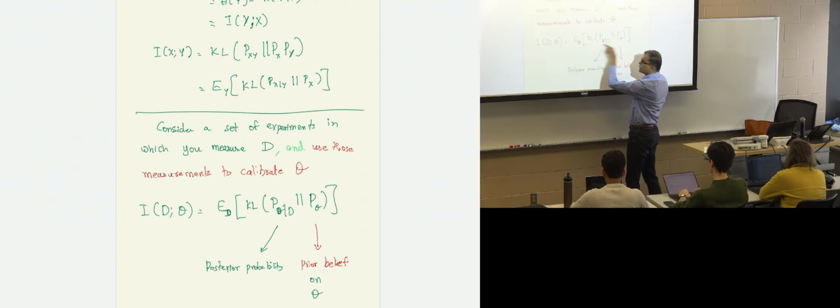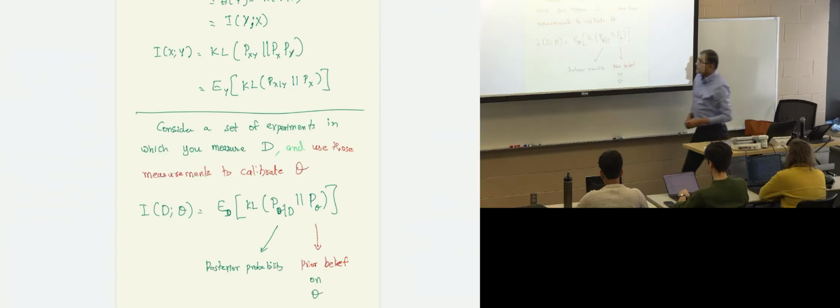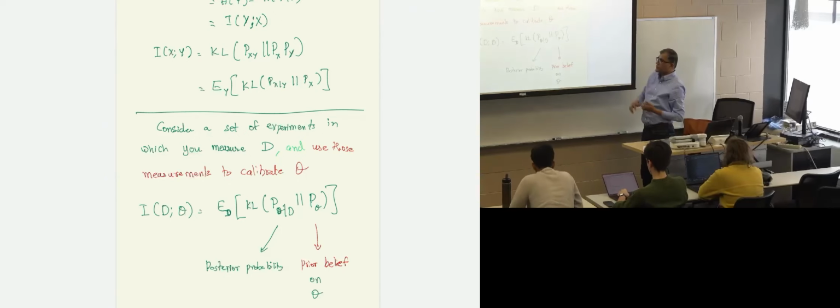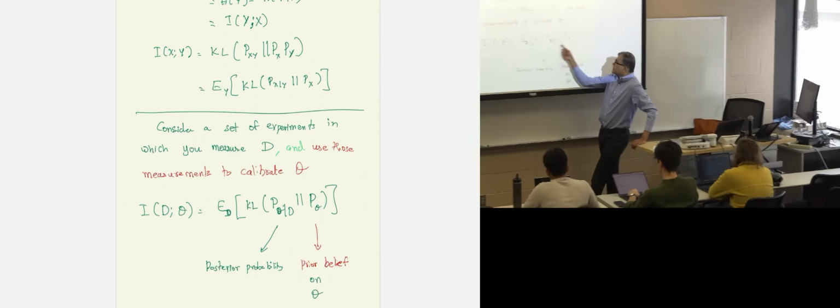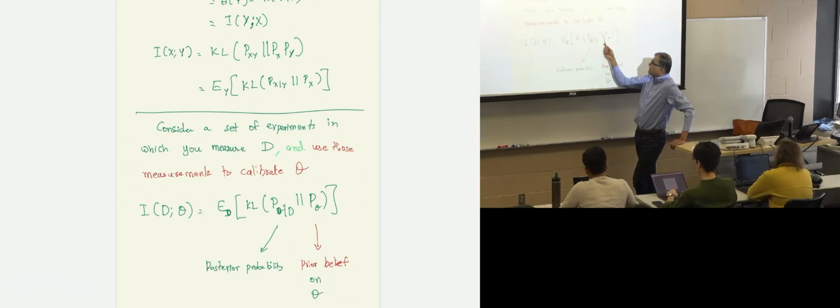And then if you average over all possible measurements, this is the average amount of information you gain. So mutual information is also called the expected information gain. This is the amount of information you gained after a single measurement, and this is the expectation.